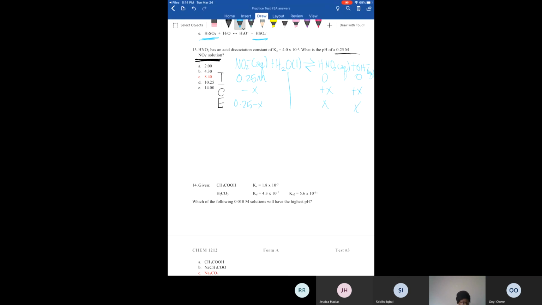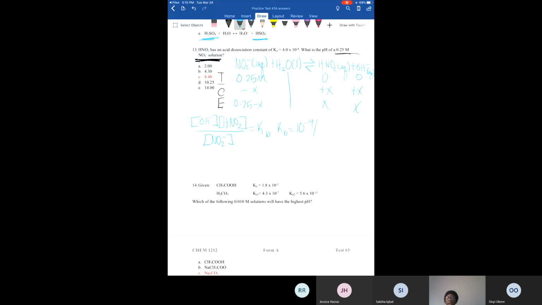So before you can start to solve, you have to recognize that you're given Ka, but you need Kb. Because the expression you're going to get from this reaction is OH minus times HNO2 over NO2 minus, which is Kb. So you've got to find out what that is. It's 10 to the negative 14 divided by 4 times 10 to the negative 4.